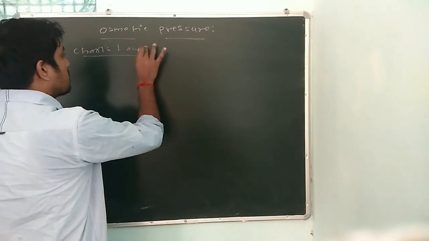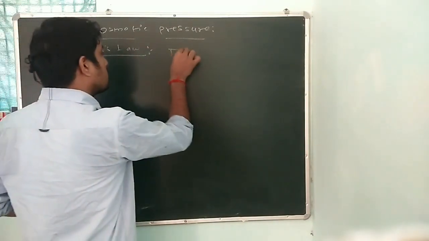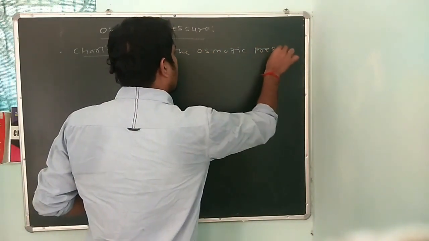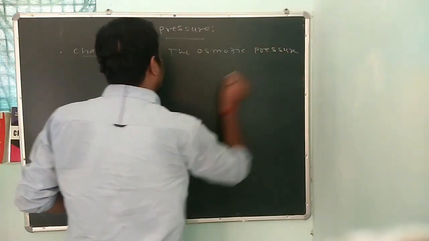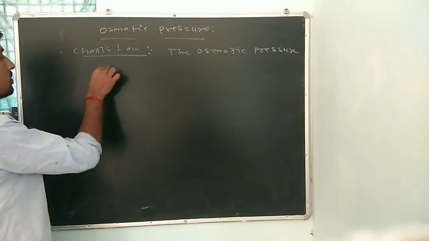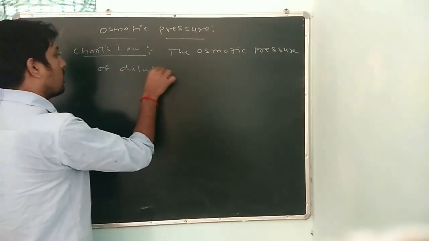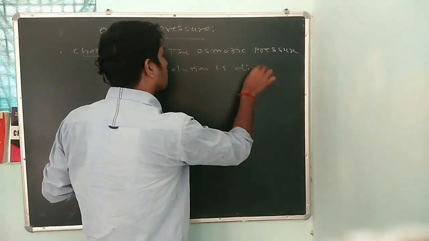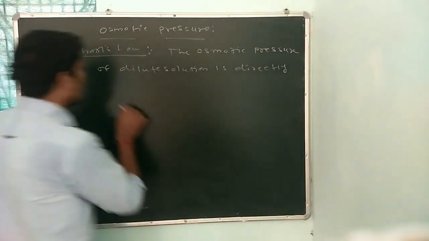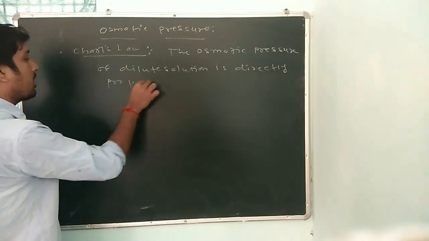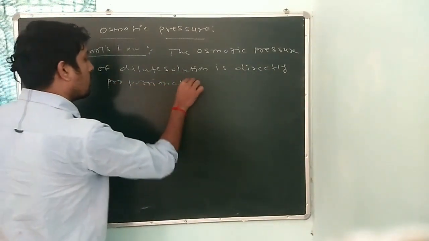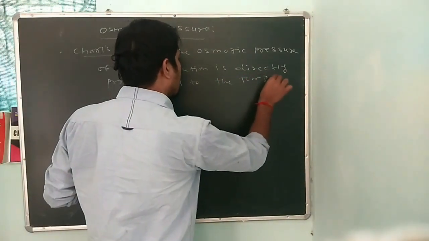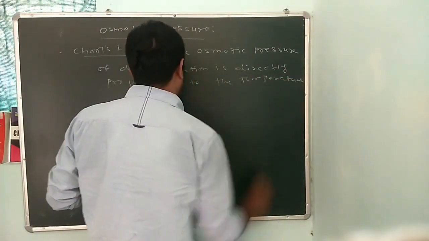According to Charles's law, the osmotic pressure of a dilute solution is directly proportional to the temperature.